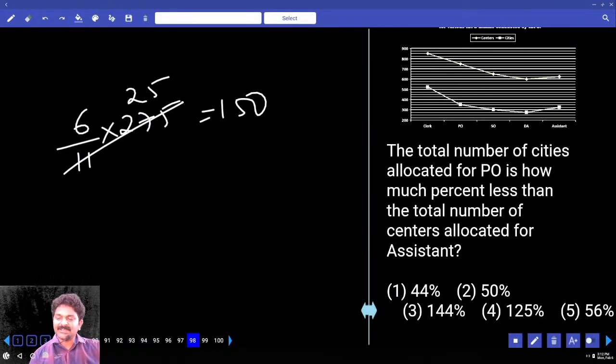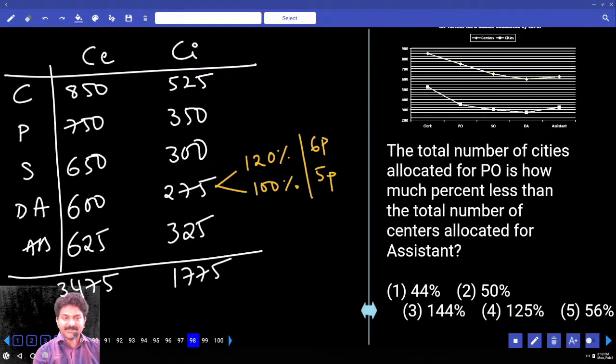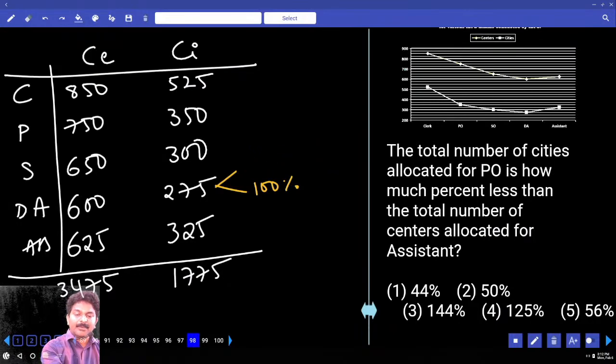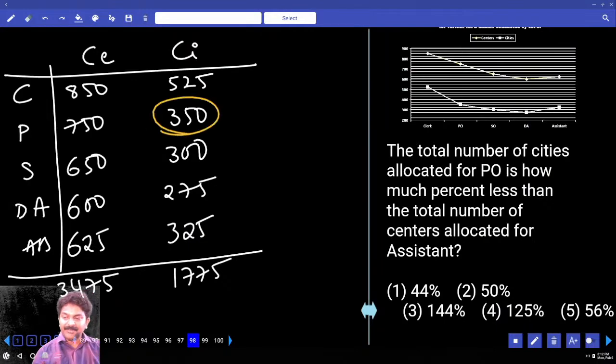Is how much percentage less than total number of centers allocated for assistant? This is a direct question. Cities allotted for PO 350. How much percentage less than centers allotted for assistant?